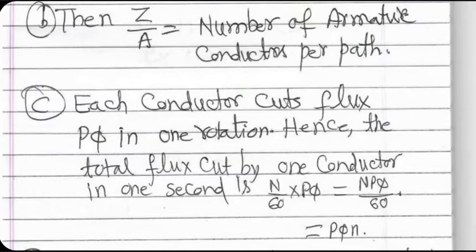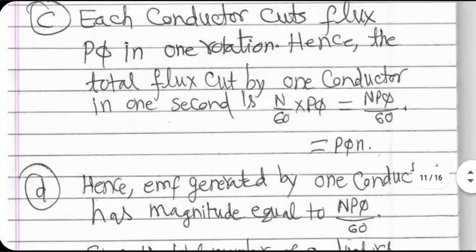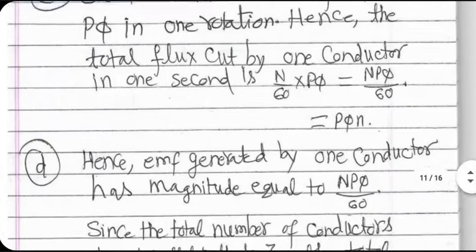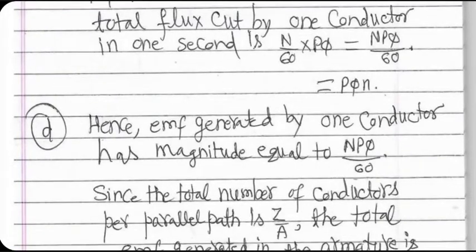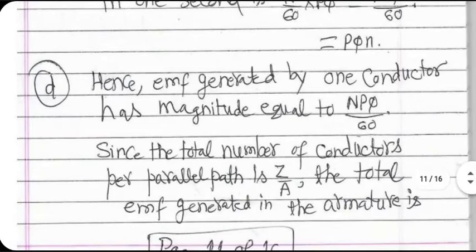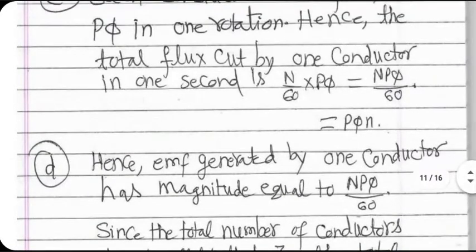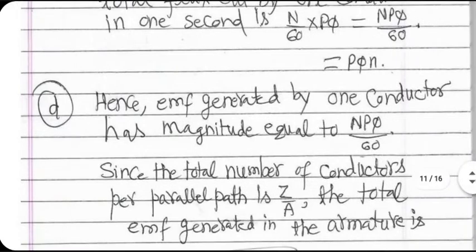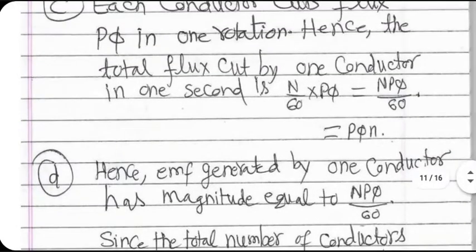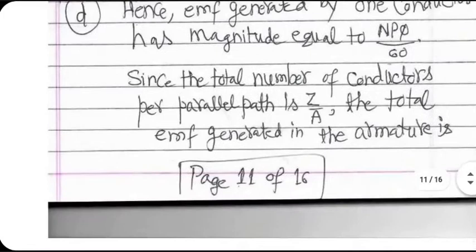That's one conductor. However, we have got per path Z divided by A conductors. Okay. So the total flux cut will be this value N P phi divided by 60 multiplied by Z by A. This is total flux cut per second by the system.